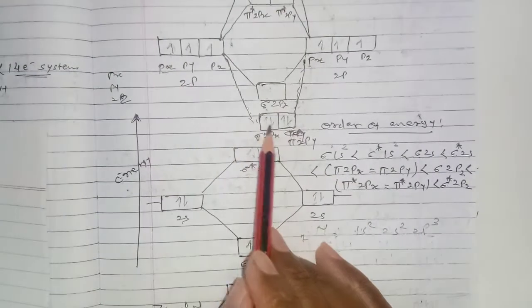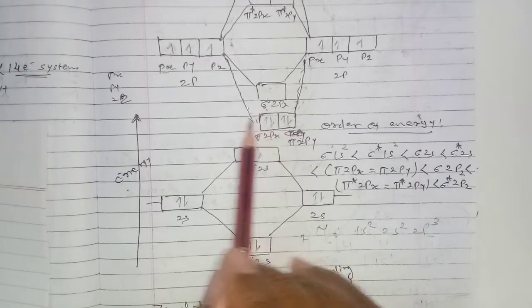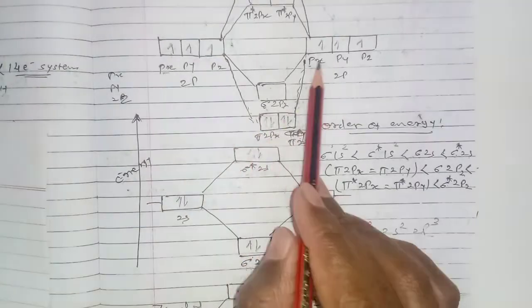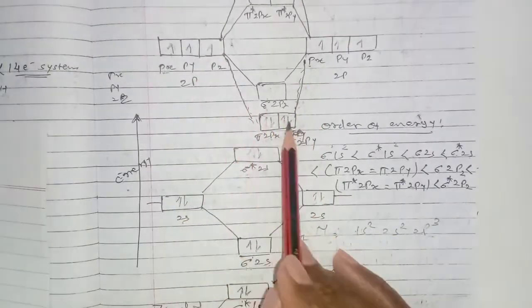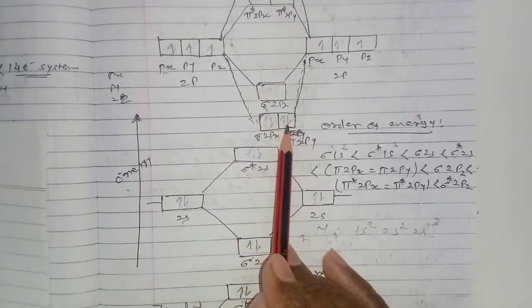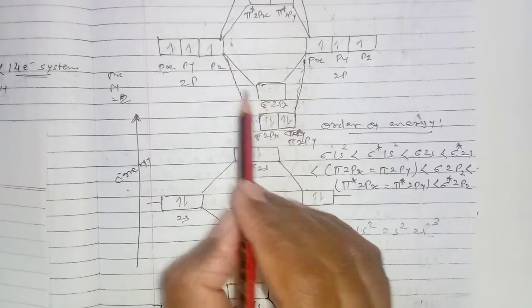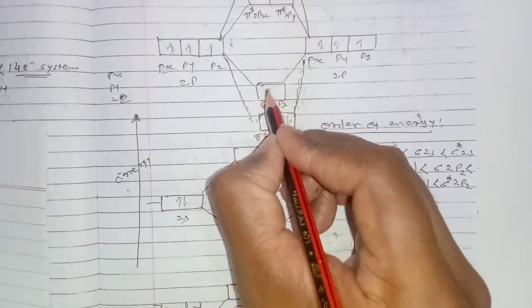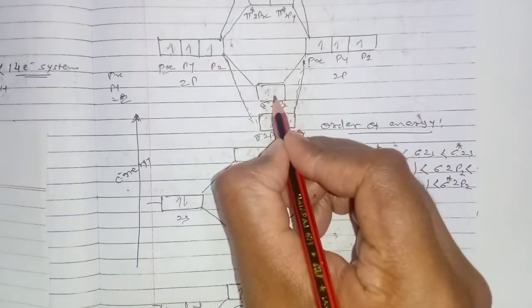Here 1 electron from 2px, 1 electron from 2py, and 1 electron from the pz orbital.